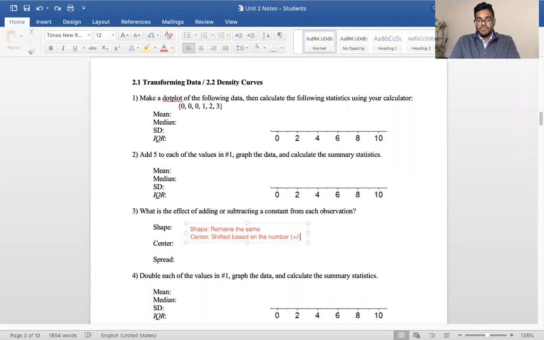And the spread did not change. This is looking at your standard deviation and your IQR; those are measures of spread. And up here, for measures of center, you're looking at median and mean.